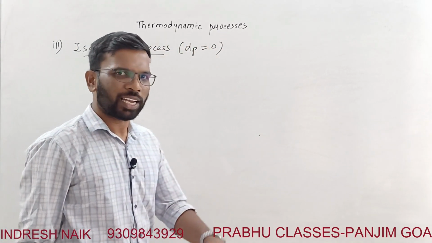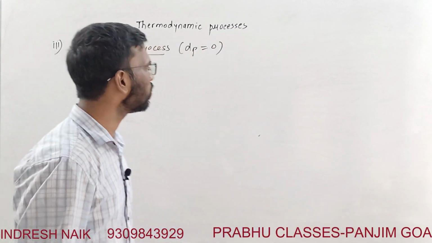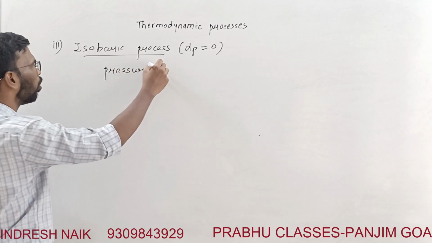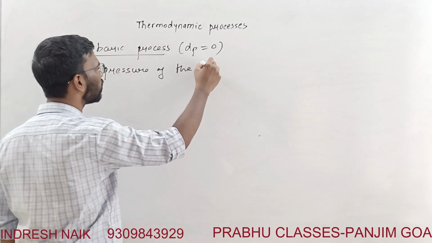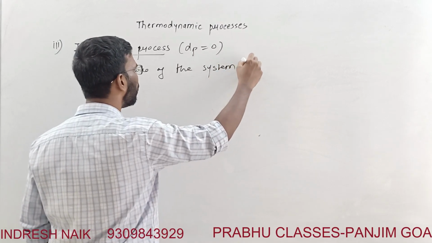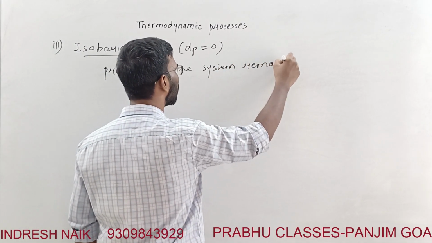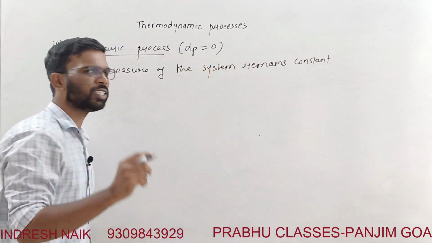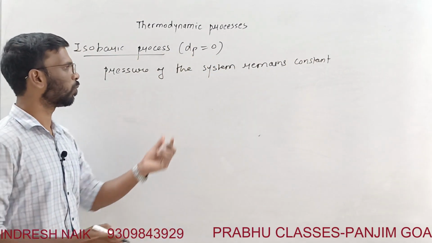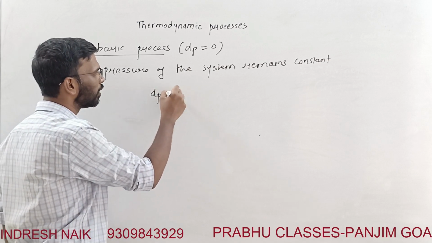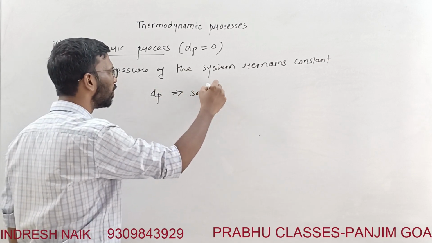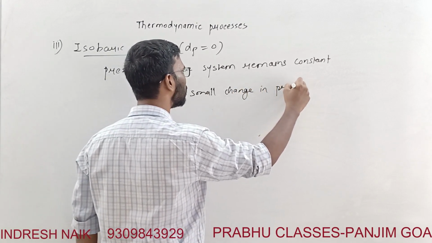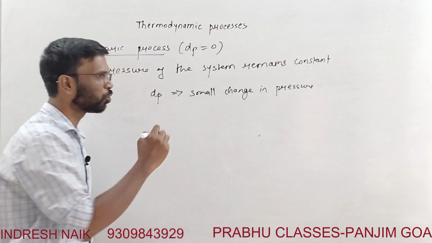This is the isobaric process, which means the pressure of the system remains constant. There is no change in pressure. dP is a small change in pressure. What is dP over here? That is a small change in pressure. This is the isobaric process.